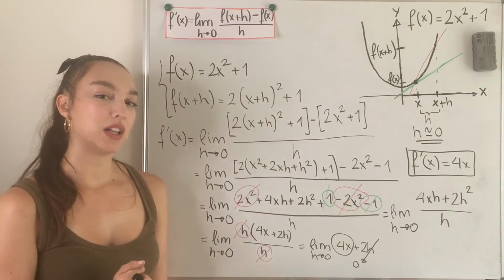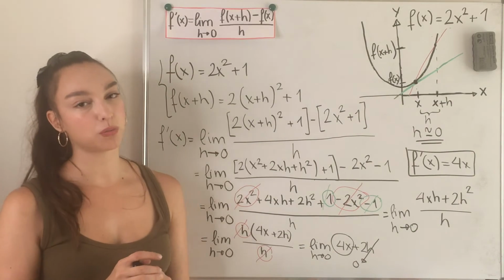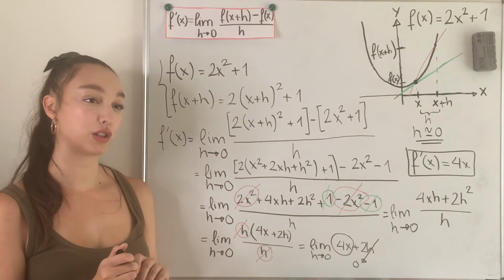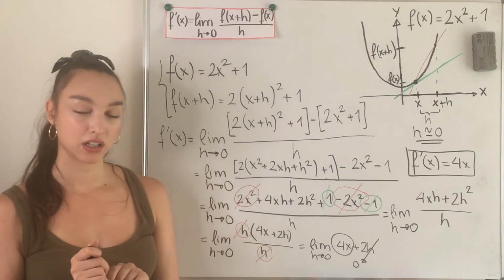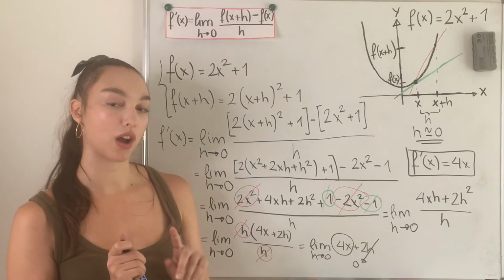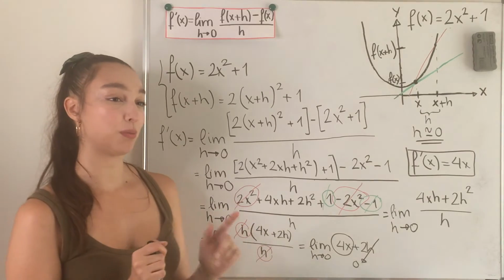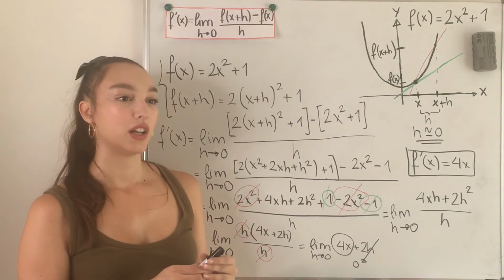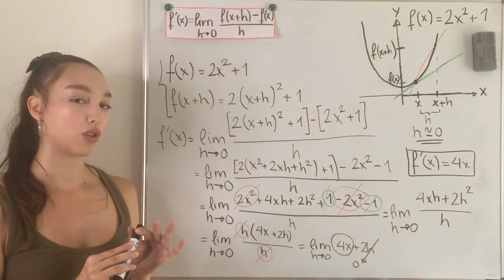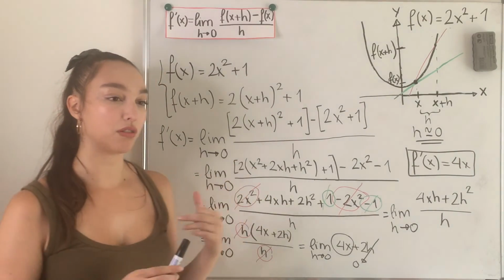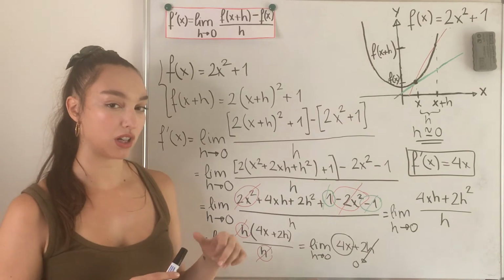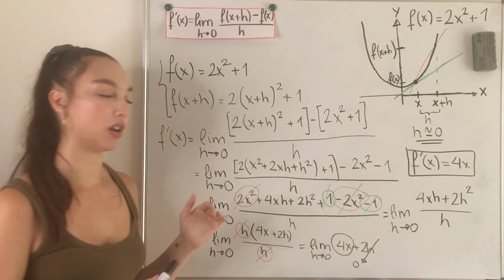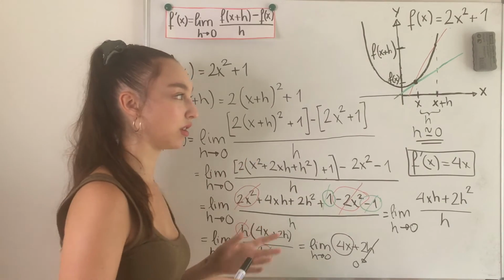Some of you might be a little bit disappointed or confused because all this time I've been saying that the derivative is the slope of the tangent line in each point of our function. But listen, in each point of our function, like I said, the slope is not constant. It's different than in the linear function case where it was consistently growing at the same rate, like increasing or decreasing at the same rate.